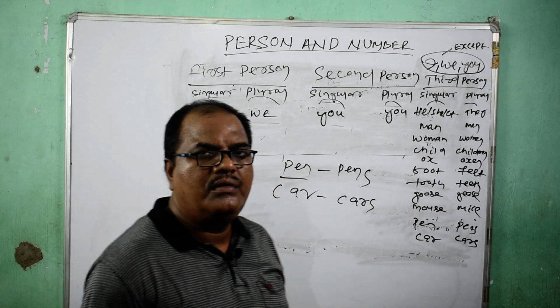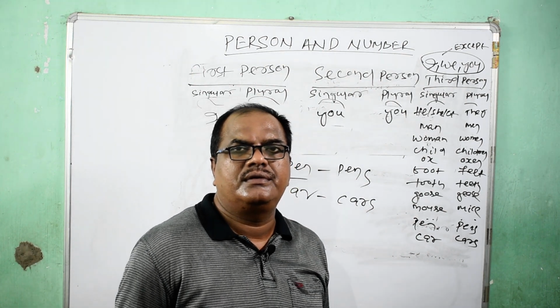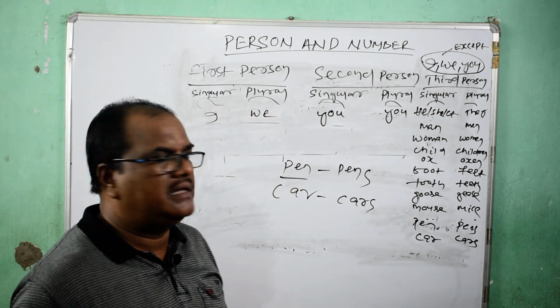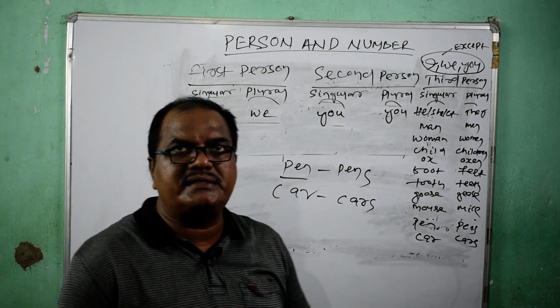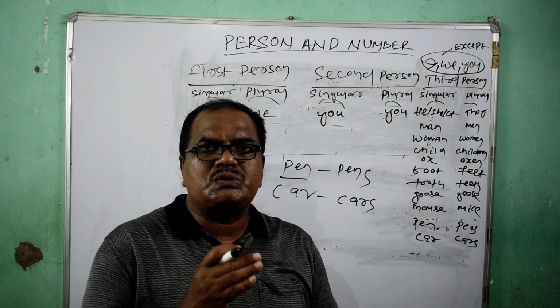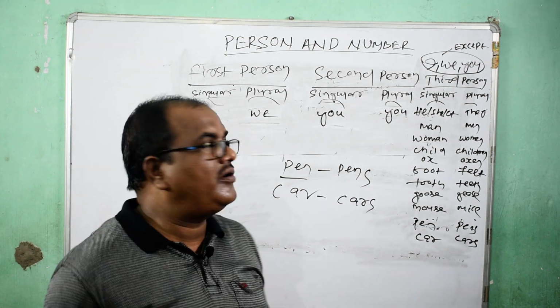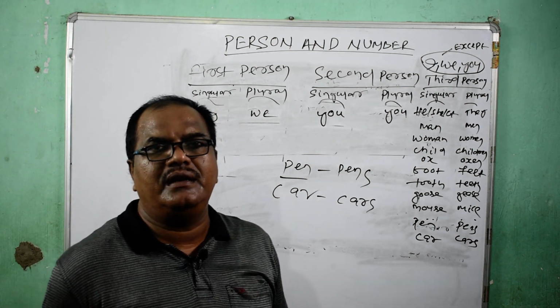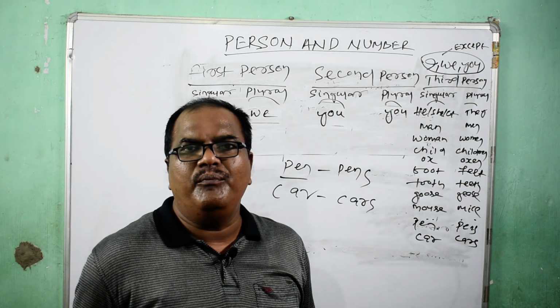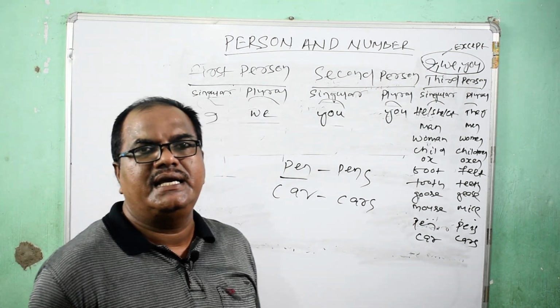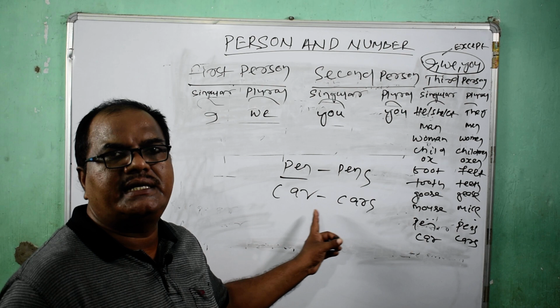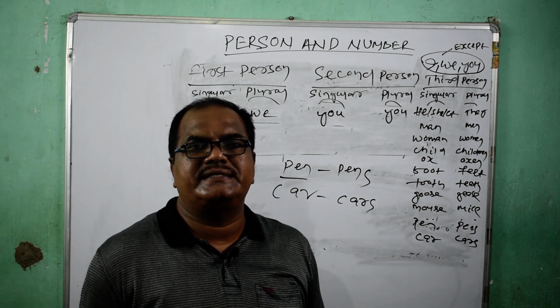So, it is my suggestion to all my students that at the time of framing sentences, you should keep in mind the basic concept of person and number. Then you will never make any mistake regarding these two categories of words in English.